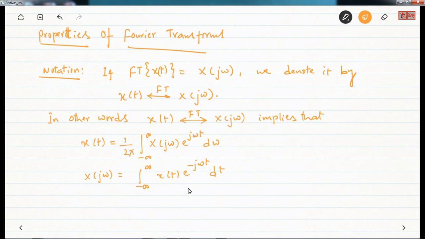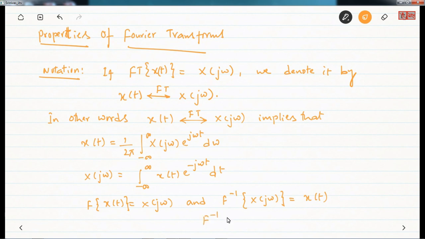It also implies that the Fourier transform of x of t is equal to X of j omega, and the inverse Fourier transform of X of j omega is equal to x of t. This notation we haven't used till now: F inverse denotes inverse Fourier transform.